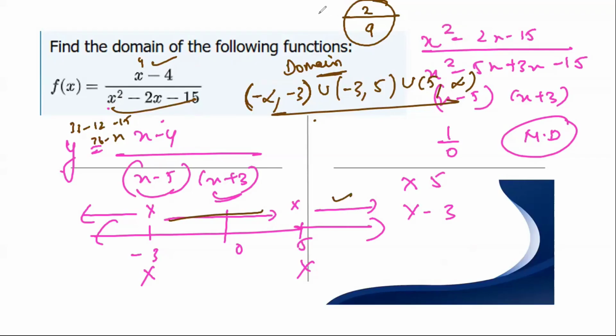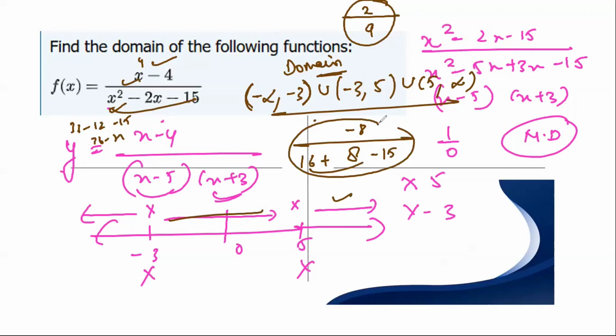So 0, right? And do I get a negative value also? Let's put a negative value. Let's say minus 4. So minus 4 minus 4 is minus 8 over, this is minus 4 squared, which is 16, 16 plus 4 times 4 is 16, minus 5, because I'm putting negative 4. So I know it's 24 minus 15, so I'm getting a value basically, right?